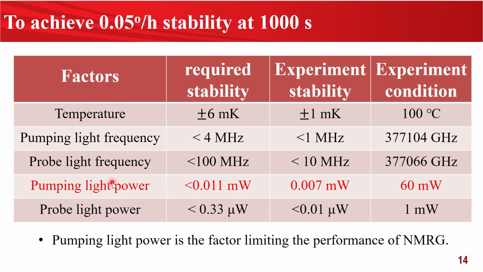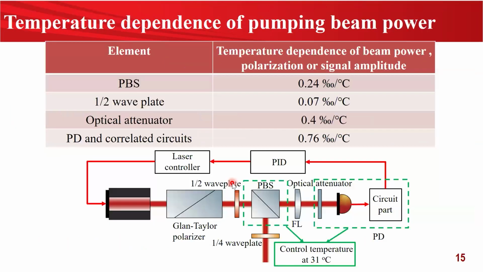So we finally found the pump light power is currently the factor limiting the performance of the nuclear magnetic resonance gyroscope. So special care has been taken to maintain the stability of the pump light power.